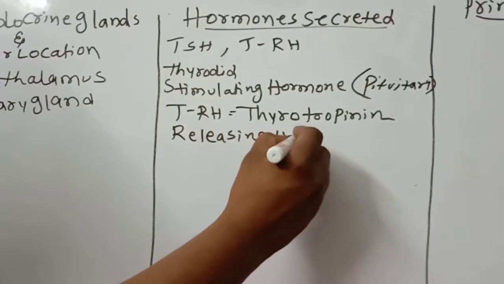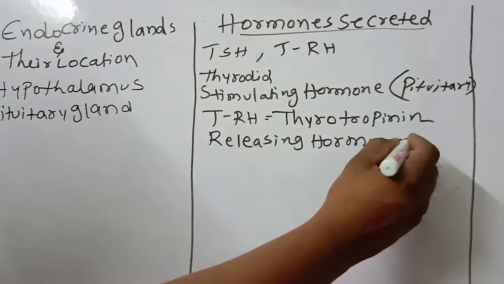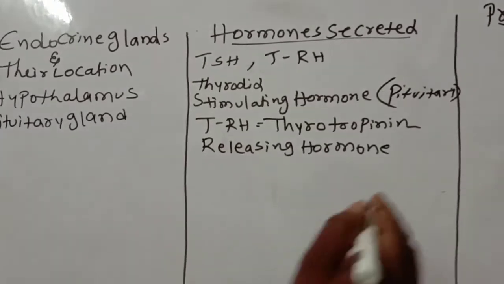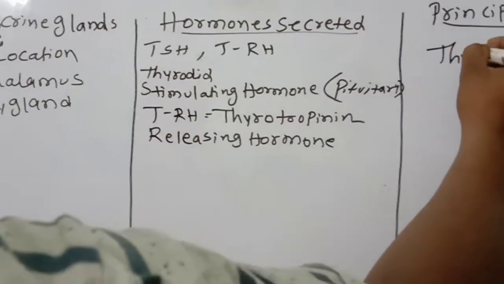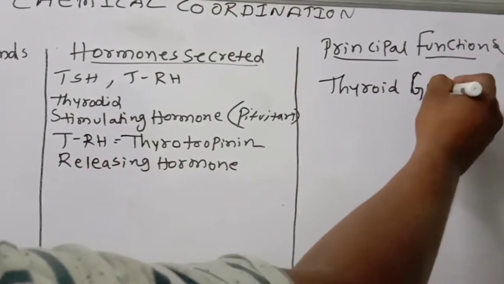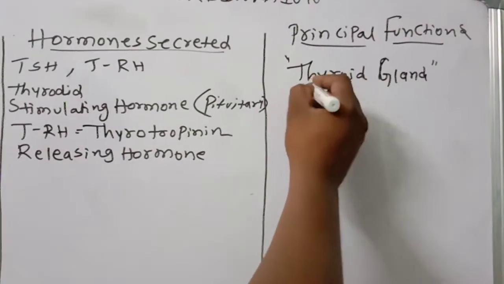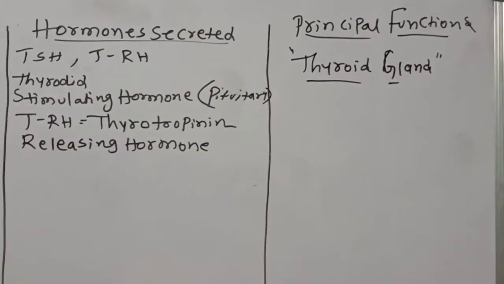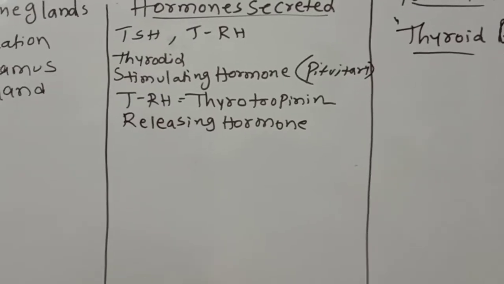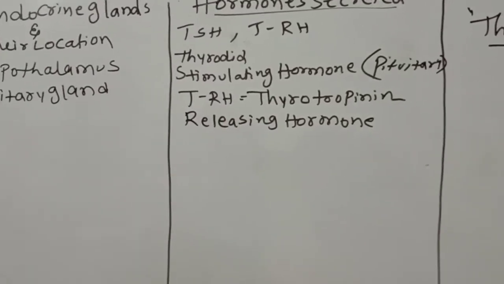Like this, there are releasing and inhibiting hormones in this region, which act on the thyroid gland. You have to remember that. Later we will discuss hypothalamus and pituitary gland completely.